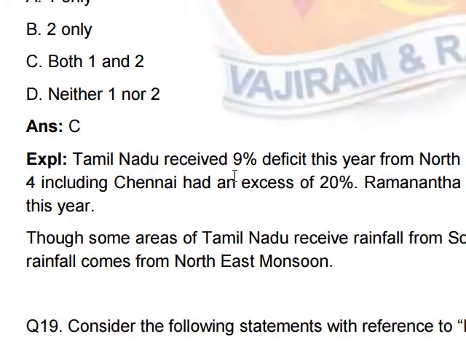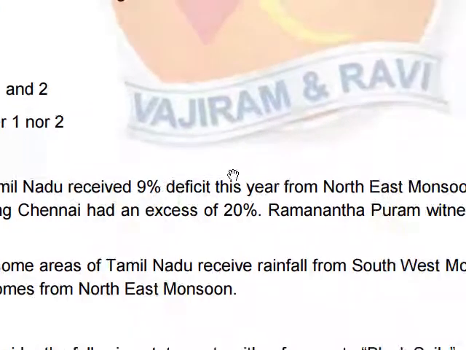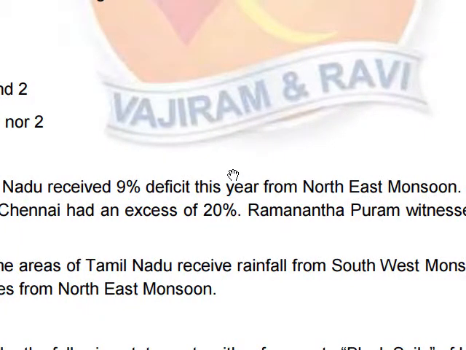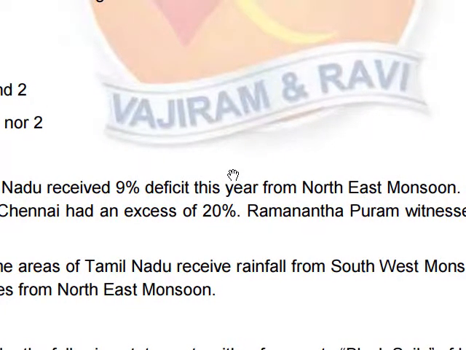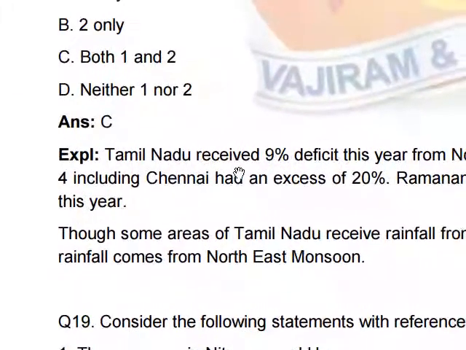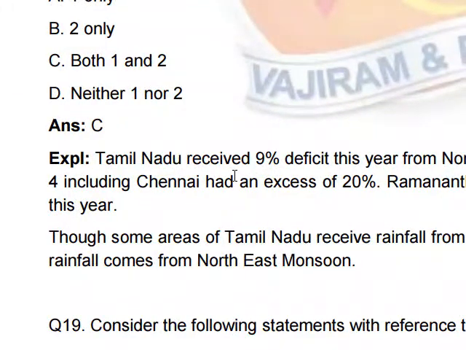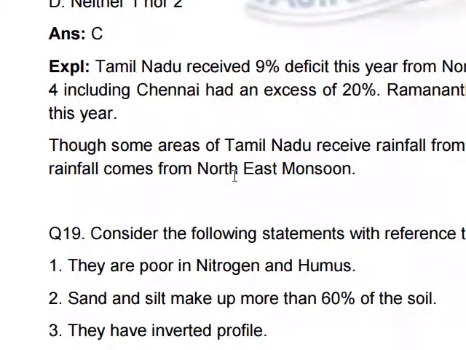Though some areas of Tamil Nadu received rainfall from the southwest monsoon, most of its rainfall comes from the northeast monsoon.